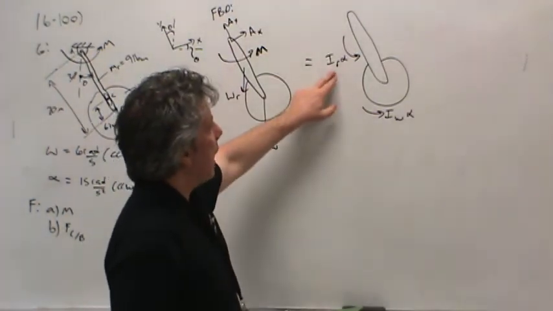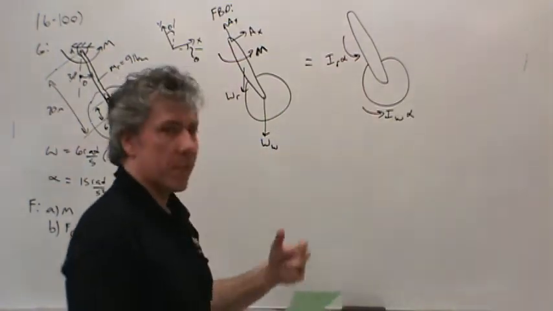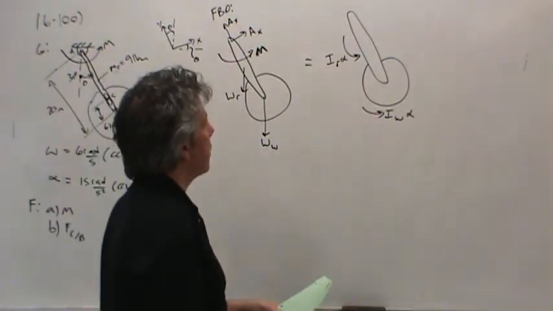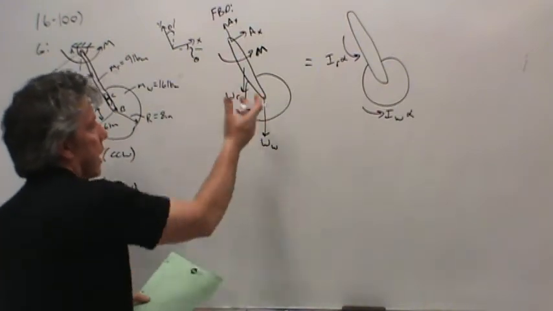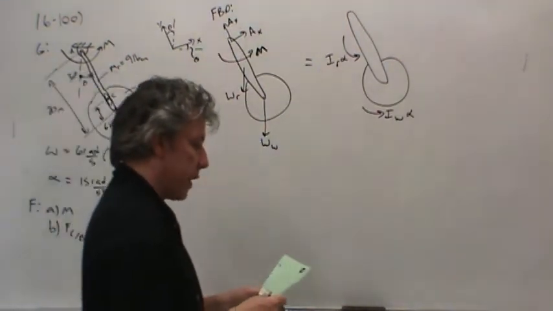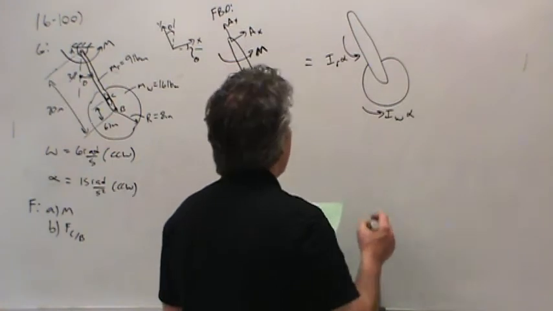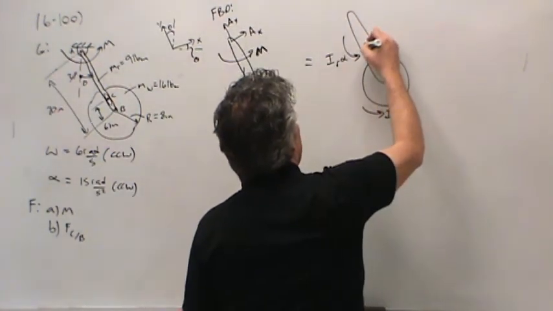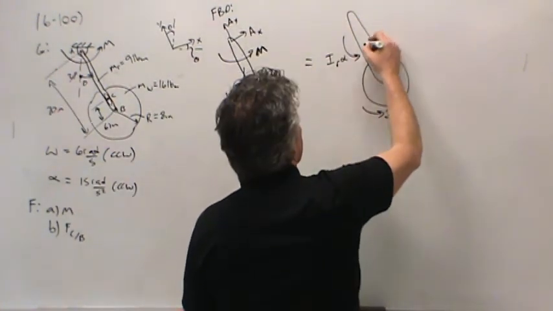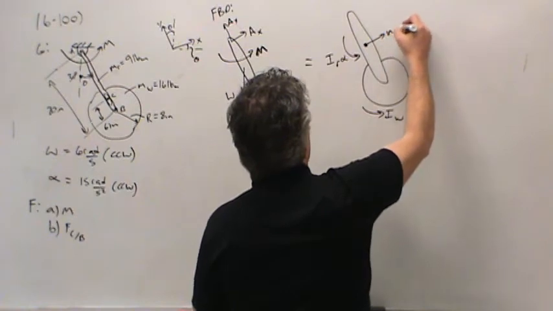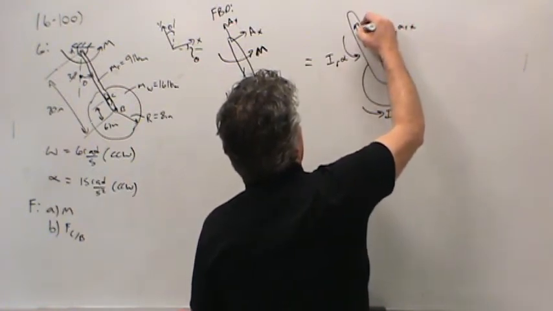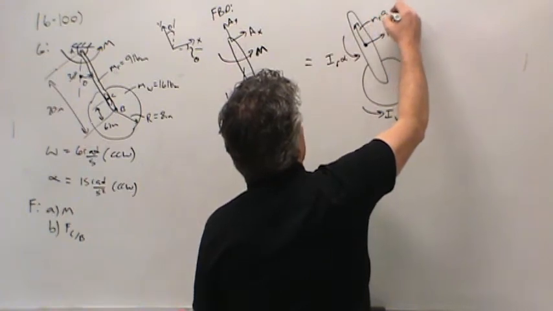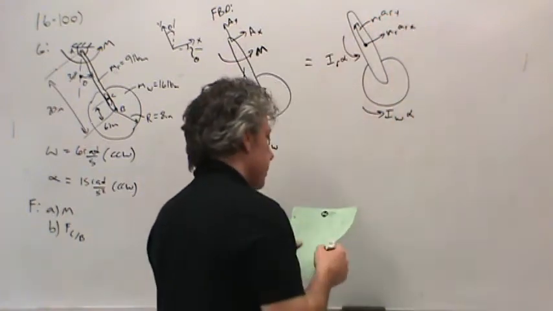So I'm just treating them separately because it doesn't matter at what point I consider this moment to be applied, just like it doesn't matter at what point M is applied. It's just a counterclockwise moment. You'll have the same effect no matter where it's applied on the body. Now, the center of gravity of the rod is halfway down its length or so. So I'm going to write MR ARX and mass of rod, acceleration of rod in the y direction up there.